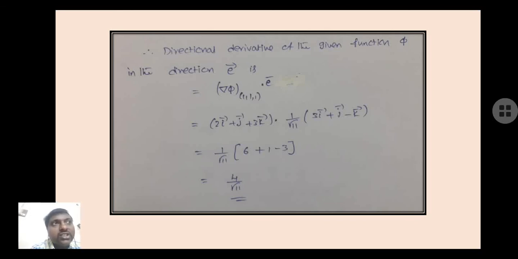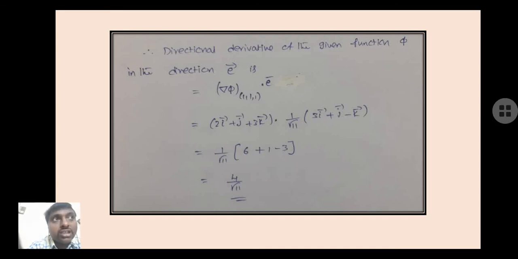So in the first example, they give the scalar point function and a vector. I can find the directional derivative of the scalar point function in the direction of the given vector. In the second example, I can calculate the maximum value of the directional derivative, that is nothing but enough to calculate the magnitude of the normal vector at the given point.